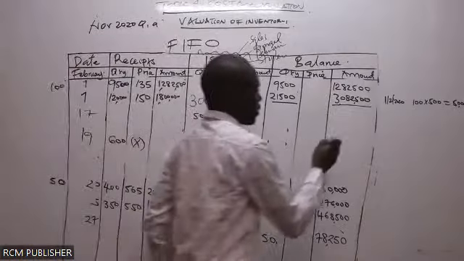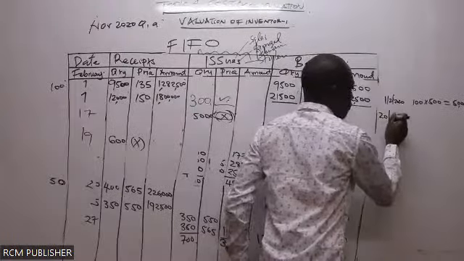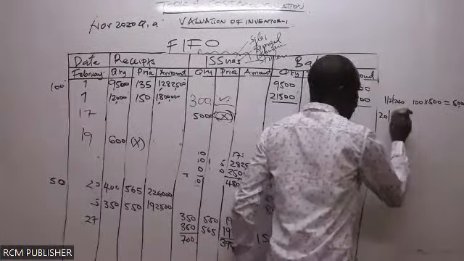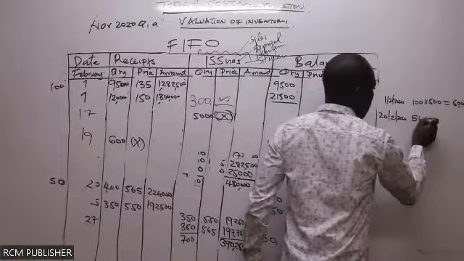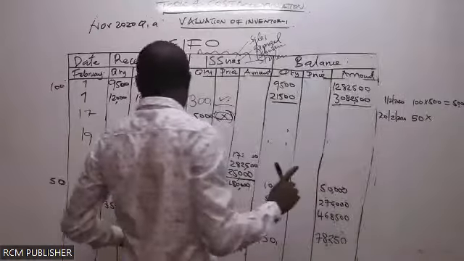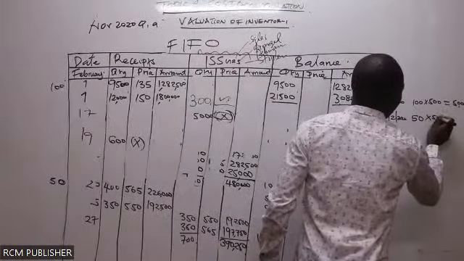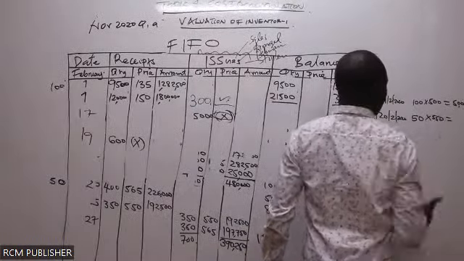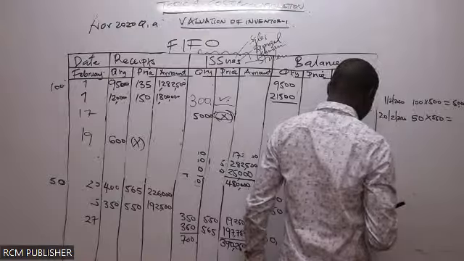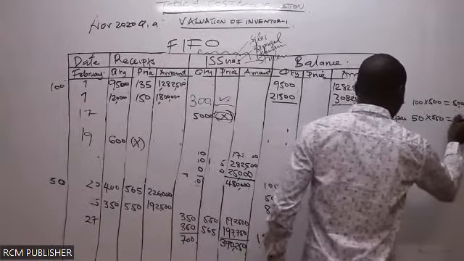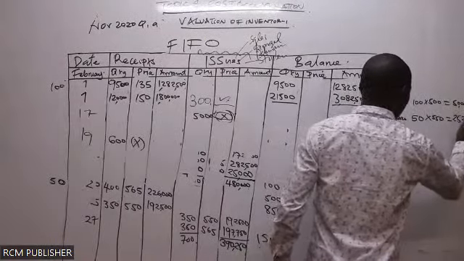Yes, on 20th of February 2020, we had 50 units remaining, which were brought in at 550 to give us 25,000.